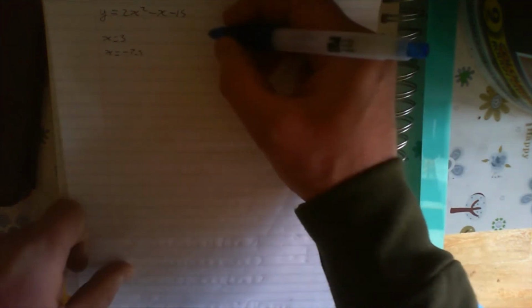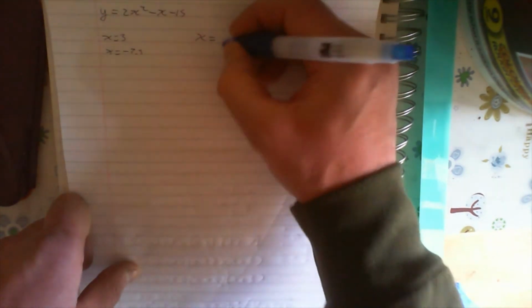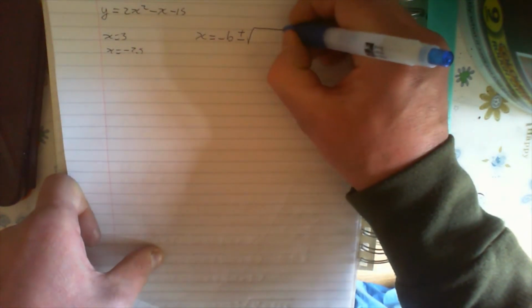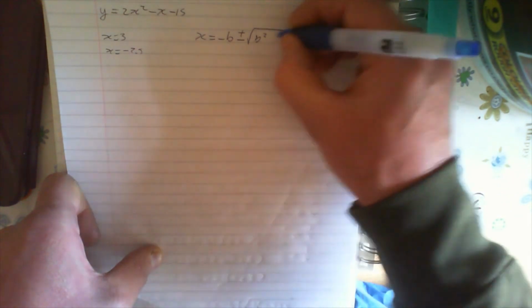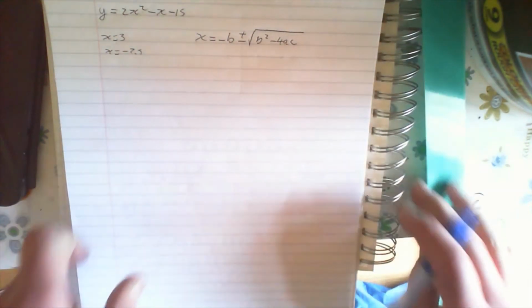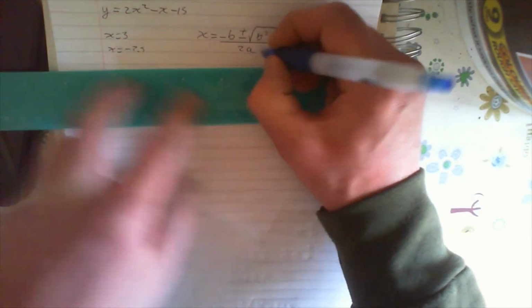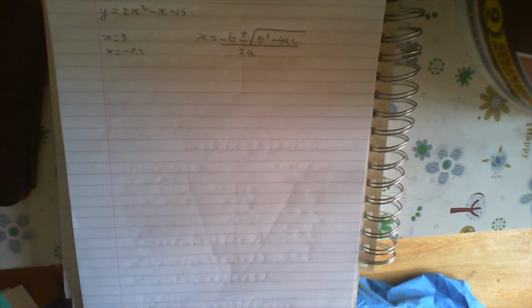So some bright spark came up with this equation years ago: x equals minus b, plus or minus the square root of b squared minus 4ac, all divided by 2a. If you can't factorise an equation like that, or function, you just plug these values into it.